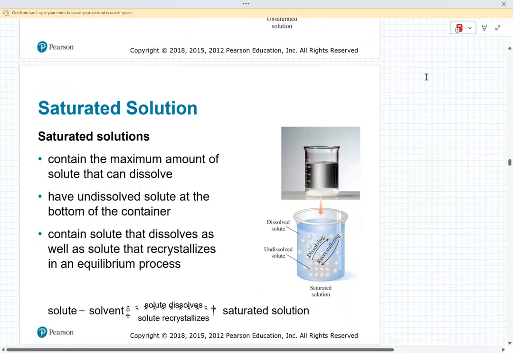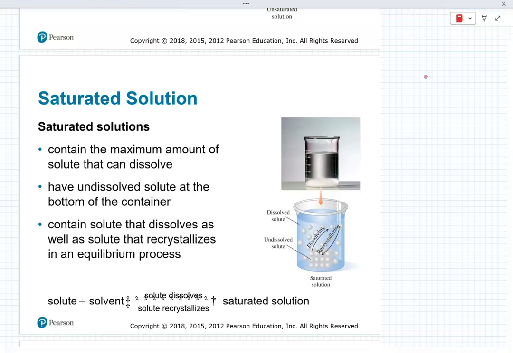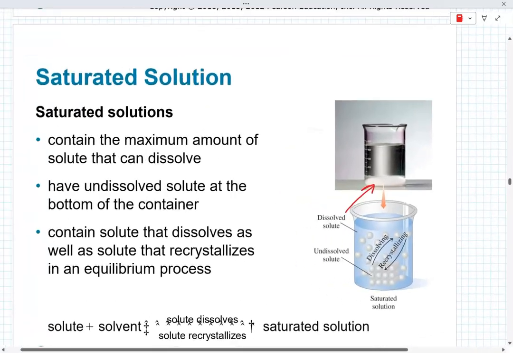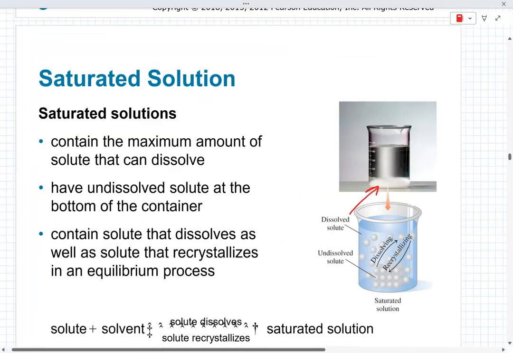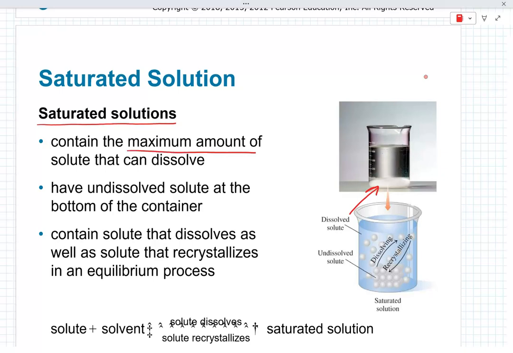When you reach the point where solute does not dissolve anymore and just remains at the bottom of your vessel, we're talking about saturated solutions. So a saturated solution has the maximum amount of solute that can dissolve.